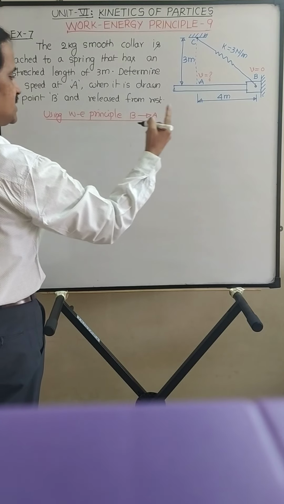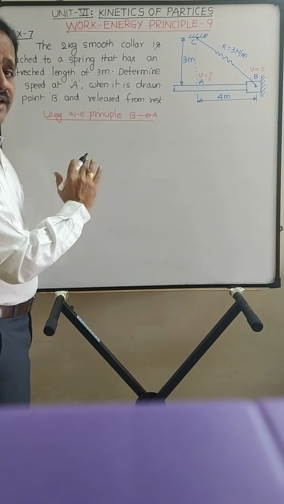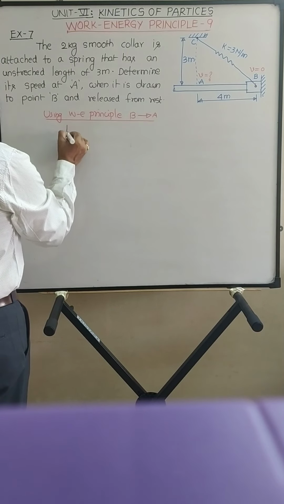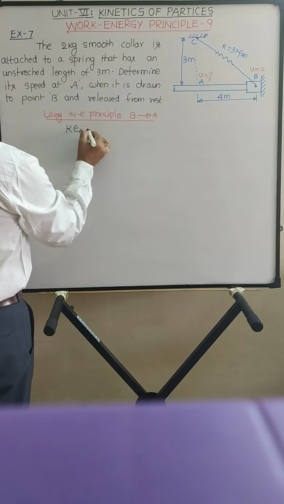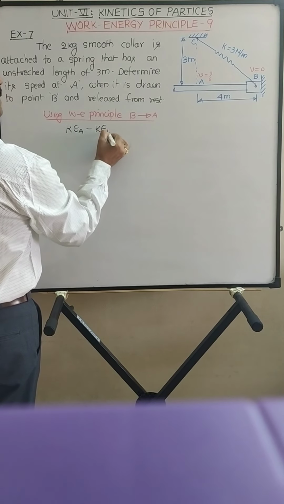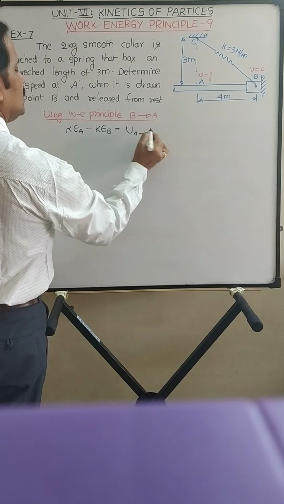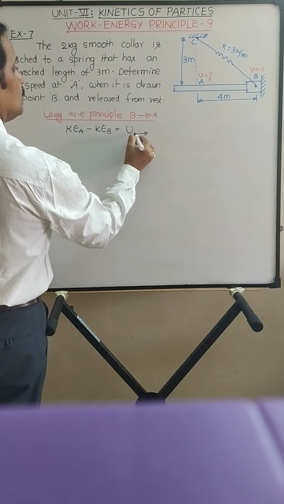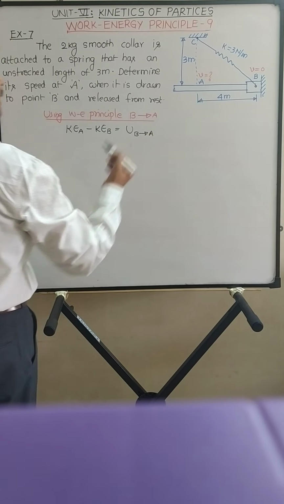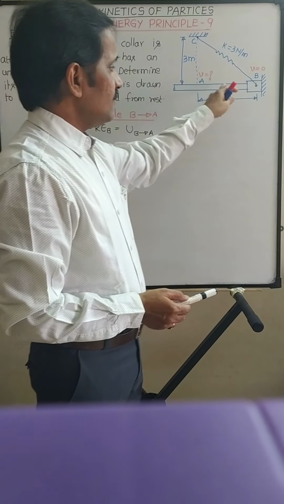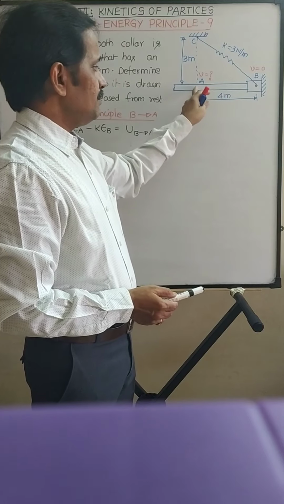Change in kinetic energy is equal to work done. Final kinetic energy minus initial kinetic energy is equal to work done. So it is kinetic energy at A minus kinetic energy at B is equal to the work done by all the forces from points B to A. Right? Now, what are the forces doing work on the collar when it is moving from B to A?